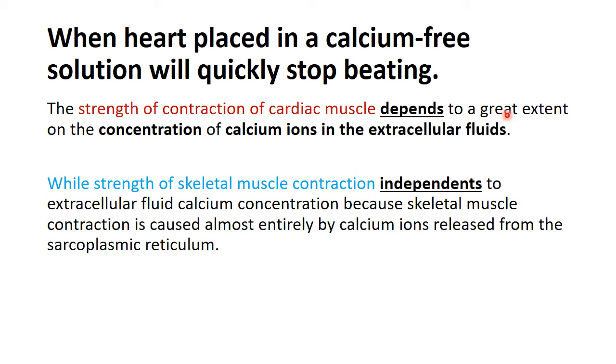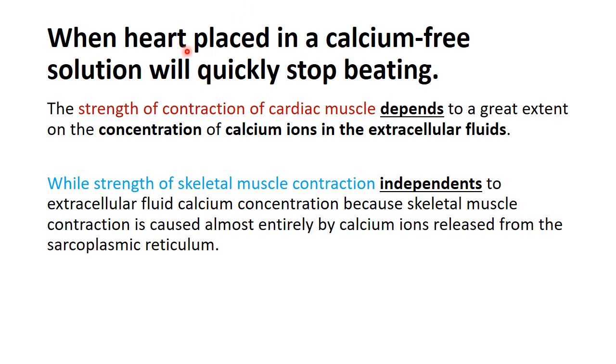So we can assume that the T-tubule has a larger diameter, richly supplied with DHPR receptors. So there must be a role of calcium in the contraction of cardiac muscle.